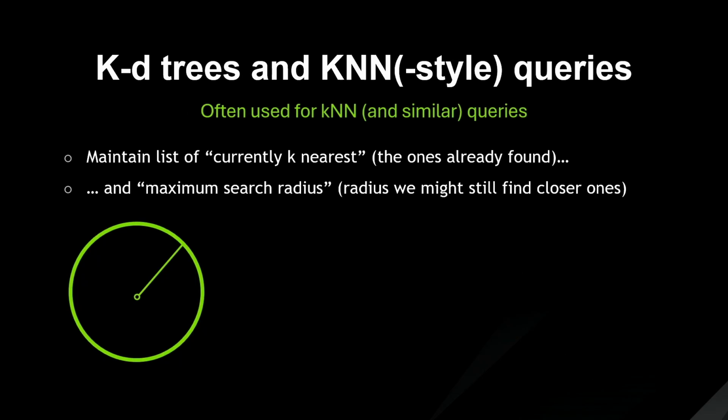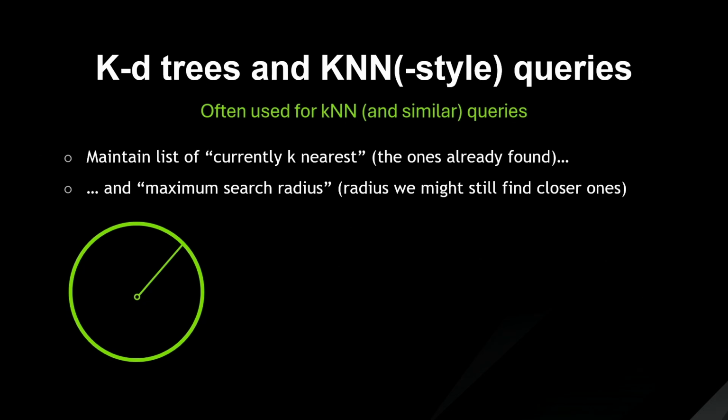So the kind of query that you want to do then on those is think mentally of, you start with a set of the k-nearest points that you've already found while traversing the tree. So you start with an empty set, of course, but always have that in your mind. There's a set of k-nearest points that you may have found already, and that defines also some maximum search radius that might be infinite to start with, but it could also be user provided.